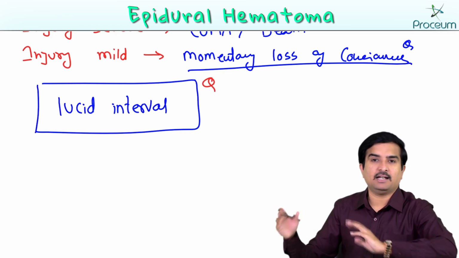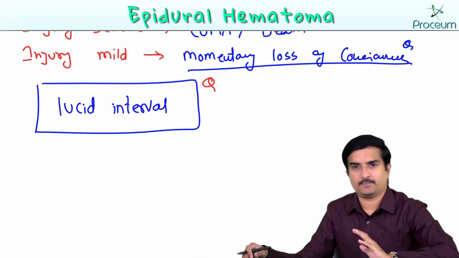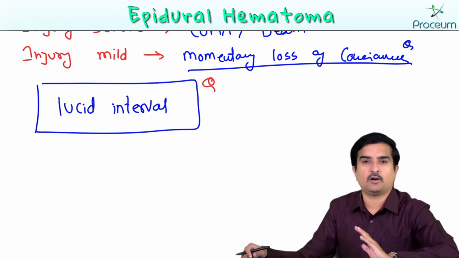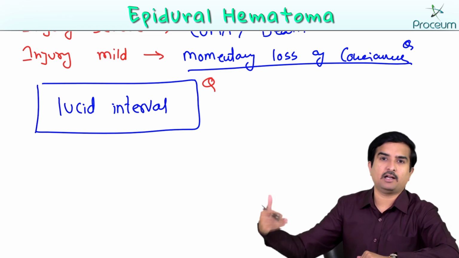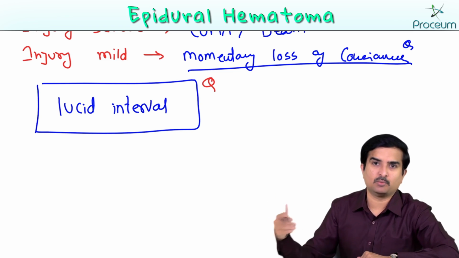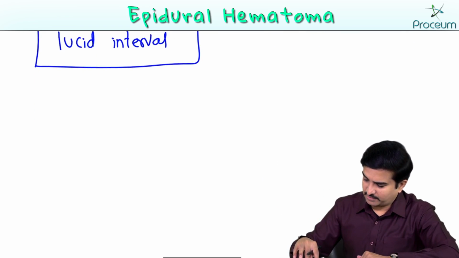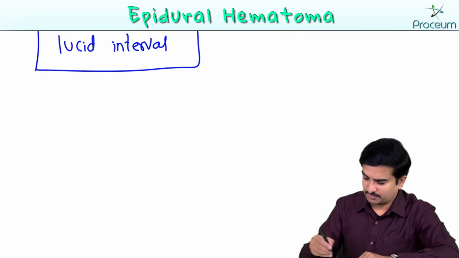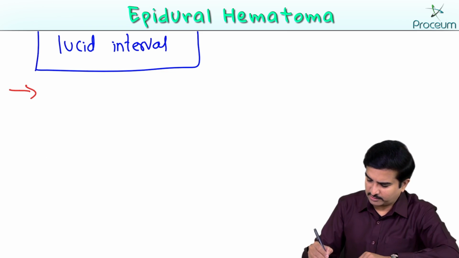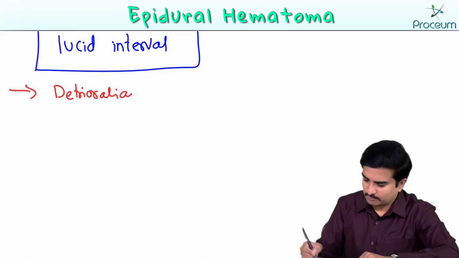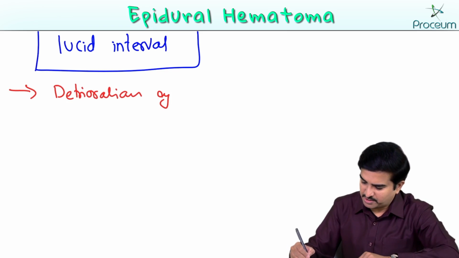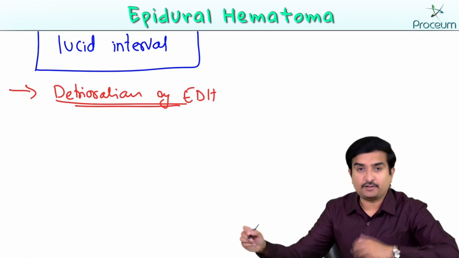Whenever his condition is getting deteriorated, this deterioration is typically associated with certain symptoms. What are they? We are going to discuss now, right? So whenever there is a deterioration of his condition, let us write that point. Deterioration of epidural hematoma after the lucid interval.